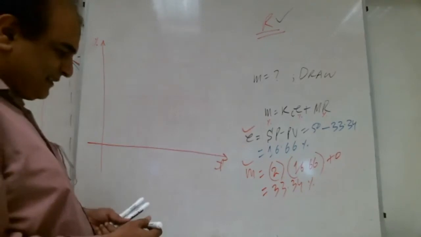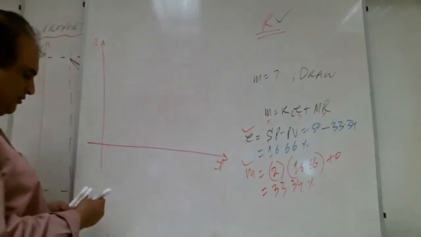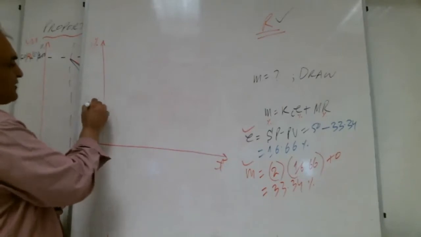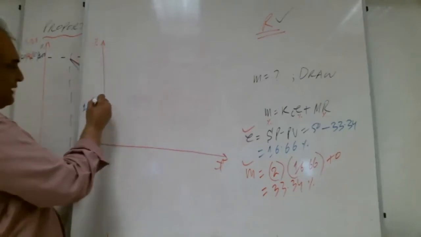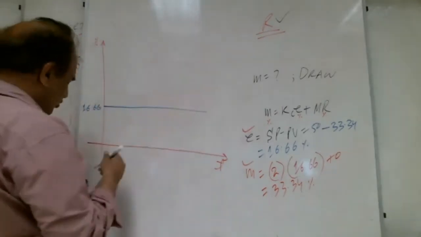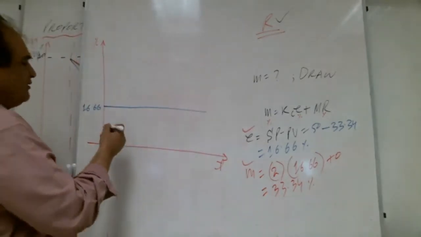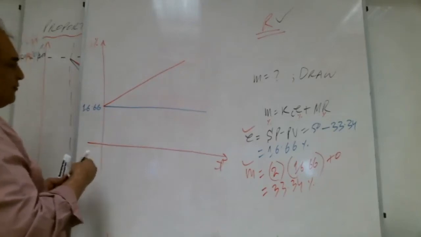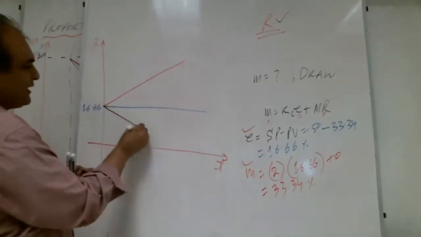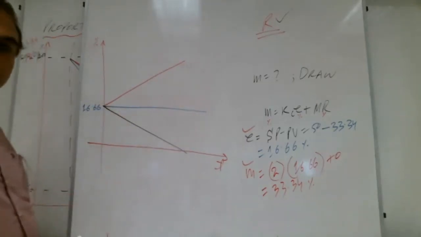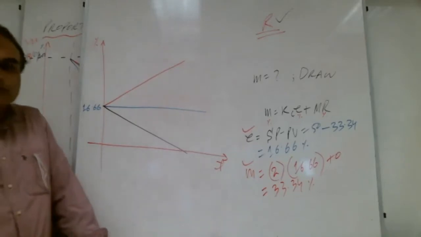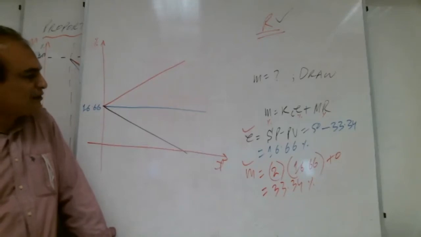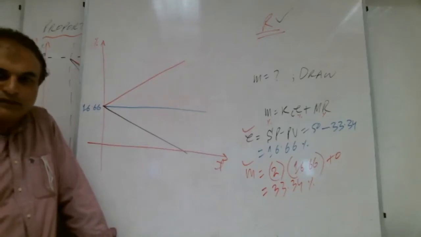How much is the error? 16.66%. So this is the error. Tell me which line is correct: blue one, red one, or black one? Which line is correct?